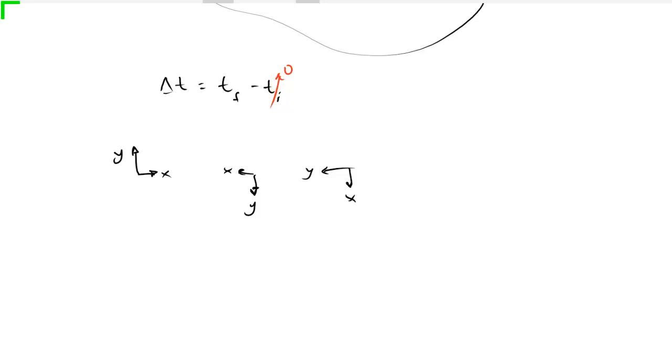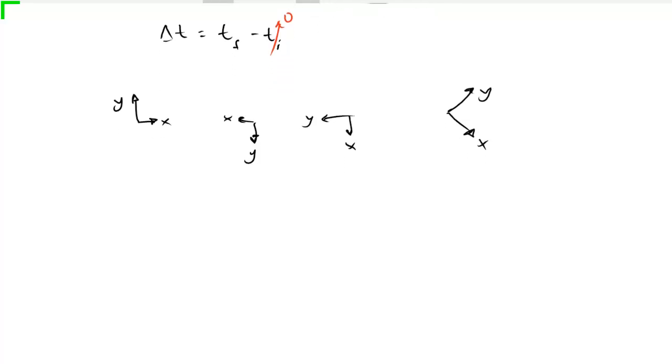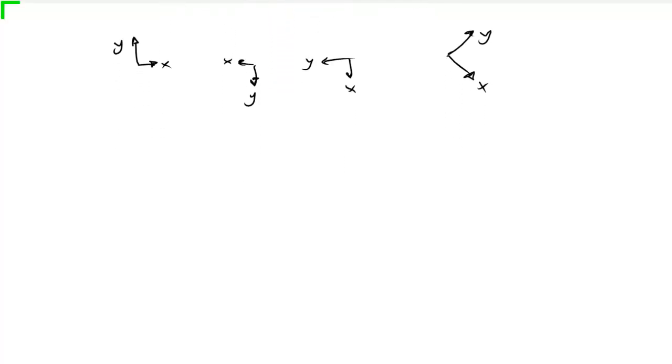Later on, I think that we'll find that it'll be helpful to have coordinate systems like this. So x is this way, y is that way. We can change it around however is most suitable for the problem that we're working on. But we have to define a coordinate system, otherwise the numbers we get don't make sense.